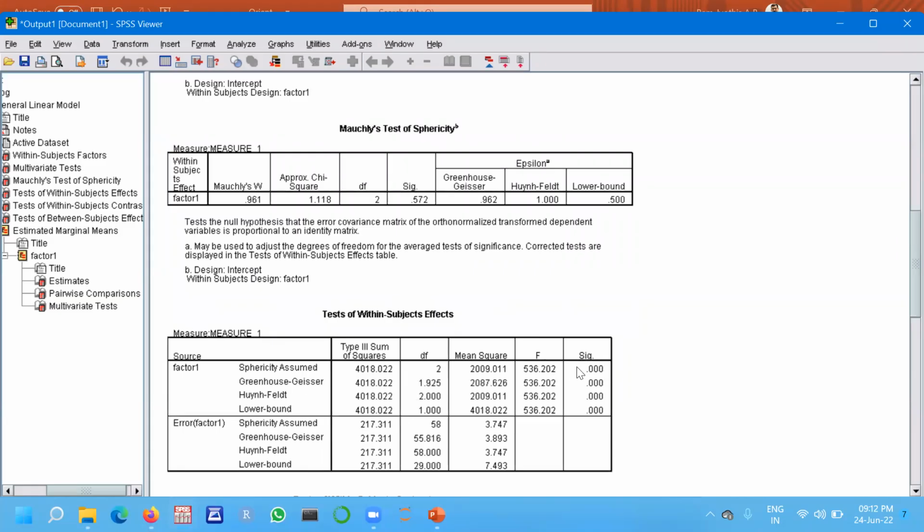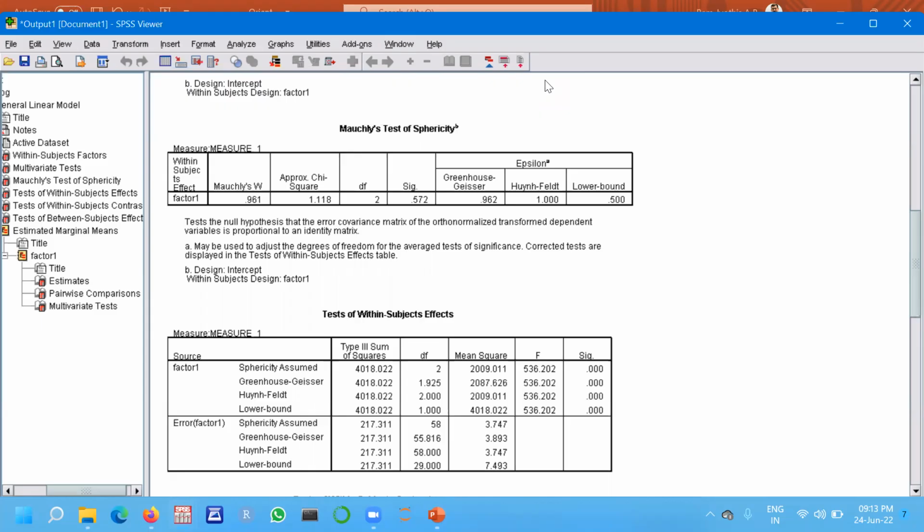It is less than 0.05. So there is a difference between the groups, that is, a difference between before treatment, after treatment 1, after treatment 2. Okay. Hope it is understood. Could you follow this?